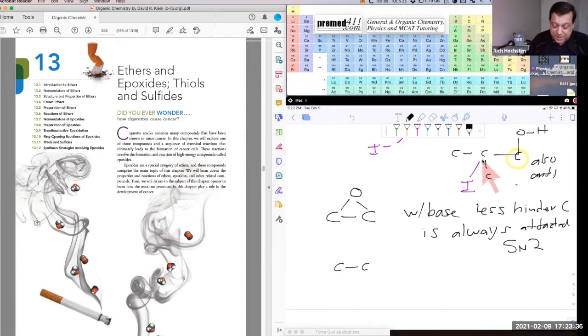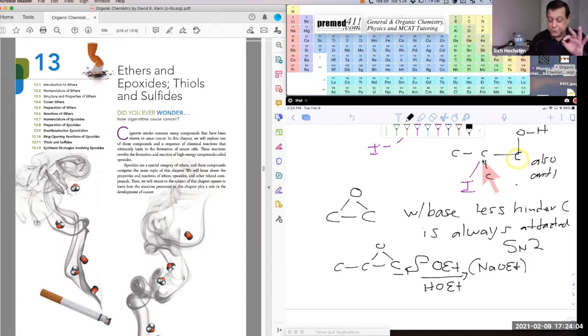So if we take something like this, and let's add a base that looks like this. So this might be NaOEt, like that. So this is the less substituted carbon. This attacks like this. By the way, when we do this, it will look like this, just like it looked with E2. We're using the strong base in its conjugate acid, but there's enough of this to make it react.